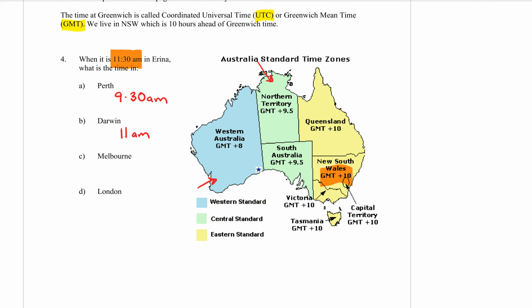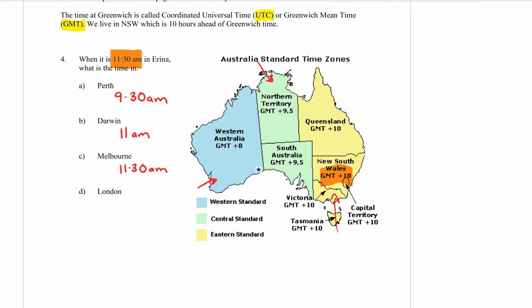What about Melbourne? Melbourne is down here in Victoria, and Victoria has a Greenwich Mean Time of plus 10. We also have a Greenwich Mean Time of plus 10, which means we have exactly the same time in Erina as they do in Melbourne. So that means the time in Melbourne is also 11:30 a.m.